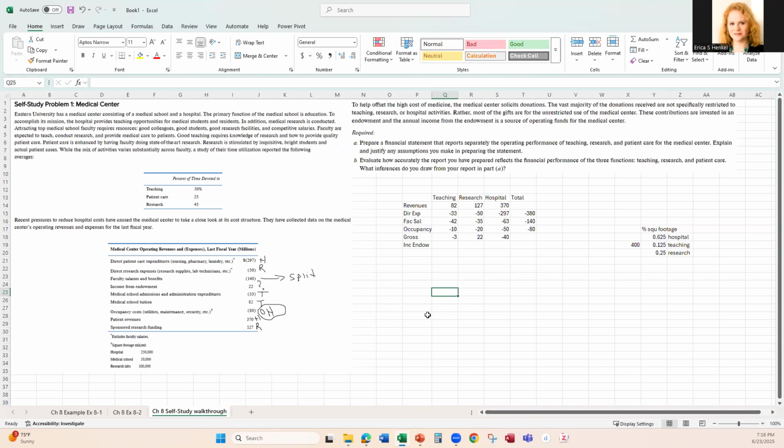You could do it based on faculty salaries. You could do it based on who's doing the donations. Are the donations being done by former students or former patients, or are they governmental, in which case maybe research. So there's a variety of ways that you can do that. Now, they ended up in the textbook doing it based on faculty salaries, which ends up getting you to these numbers.